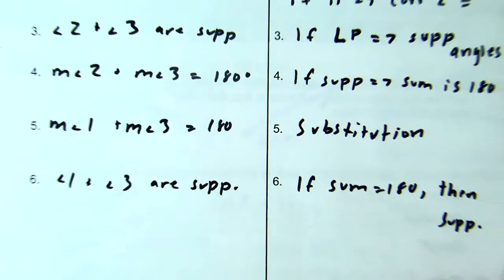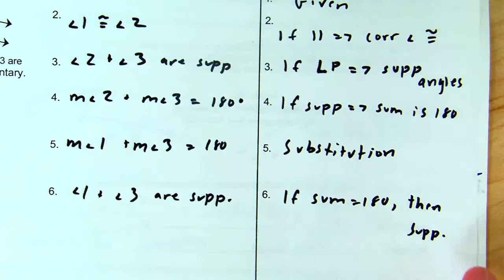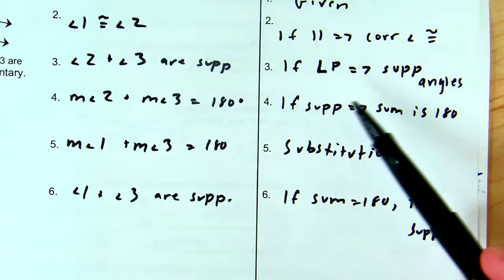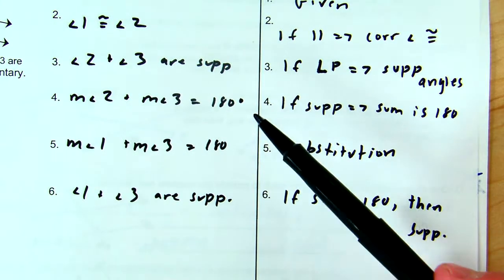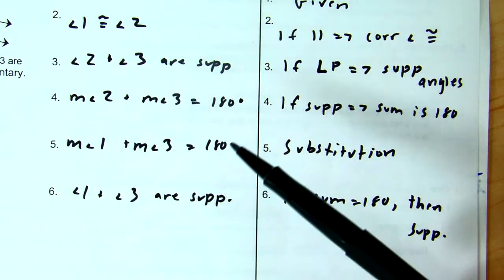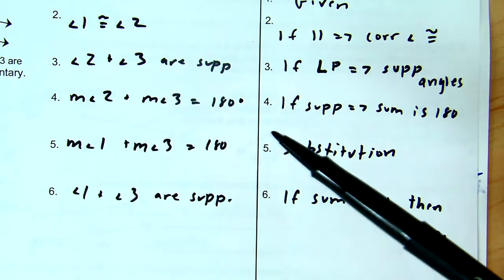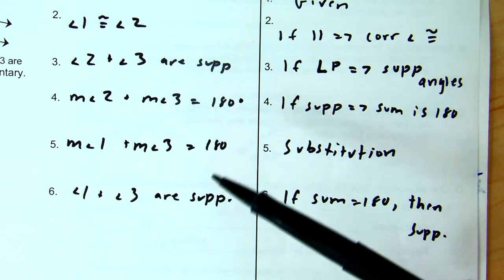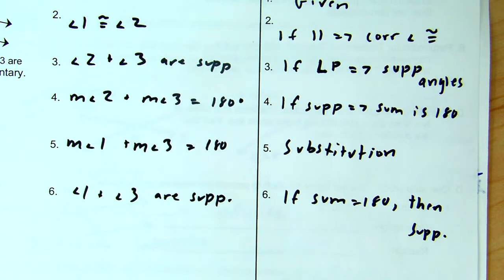Right. So it's a little nitpicky here because you have to start with linear pairs to get supplementary, and then you show that they add to 180, and then do substitution, and then conclude that angle 1 and angle 3 are supplementary.